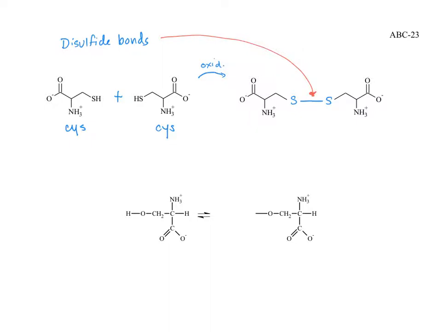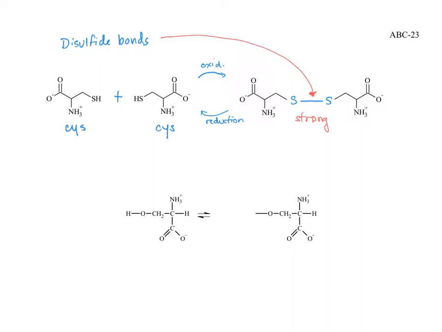And a disulfide is a covalent bond. It's very strong, and it's not easily reversed like an ionic interaction or a hydrogen bond or something like that. It can be reversed, and that is the process of reduction, where you give back a pair of electrons and restore the thiols on the cysteine.